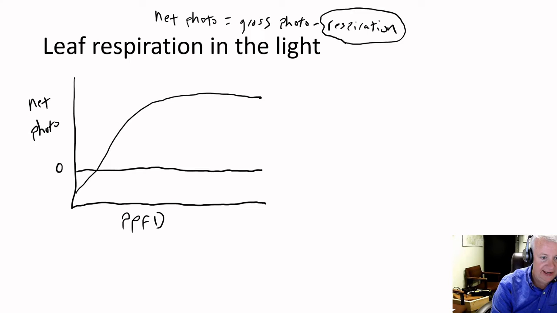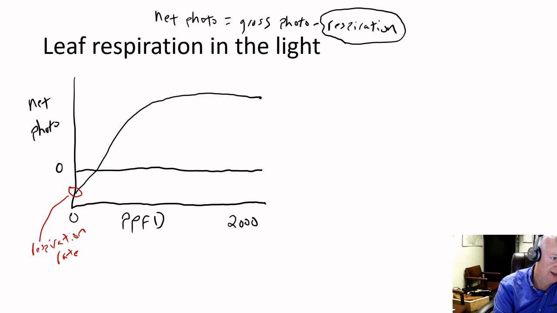And we know that the measurement of gas exchange at 0 PPFD right here, that's our estimate of respiration rate. And it's actually often called dark respiration because our estimate is that in the dark.